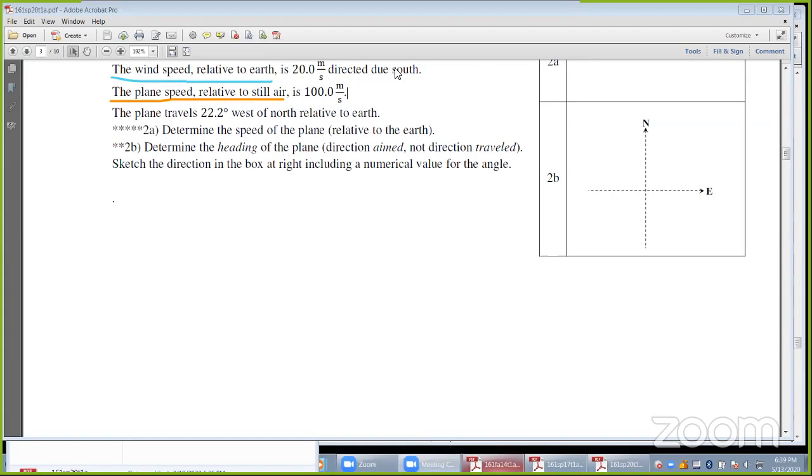Directed due south. Okay, I got that. That's easy. So I know the wind is blowing this way, right? And now I know this is going to go, and so this is velocity plane relative to Earth, right? So I know that's going to be the output.